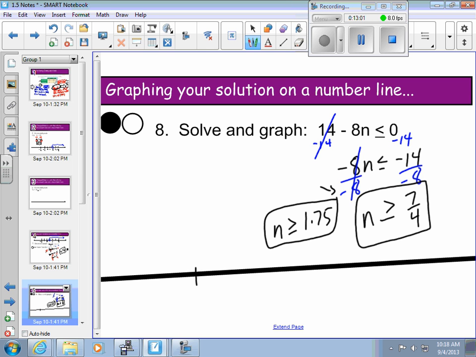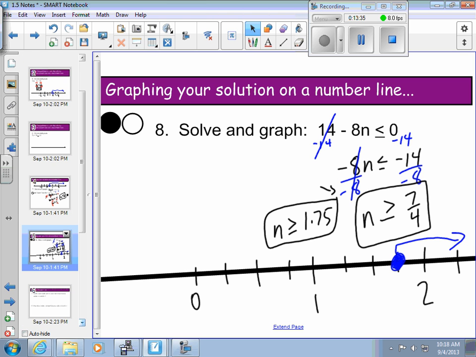So we could have 0, 1, 2, etc. And it's greater than this one. 1.75 or 7/4 would be right here. And here we do want to shade it in because it does have the or equals to line underneath, and greater than would be to the right. So we're shading off that direction. All right, so that's graphing with it.